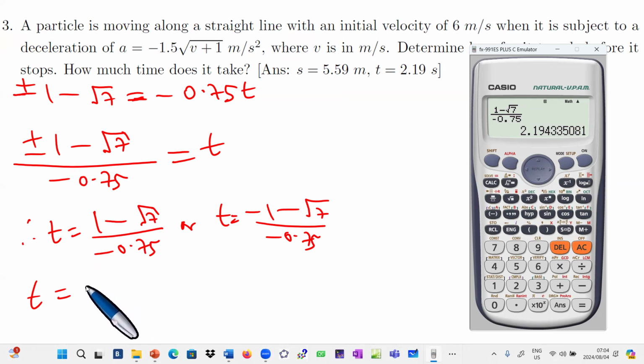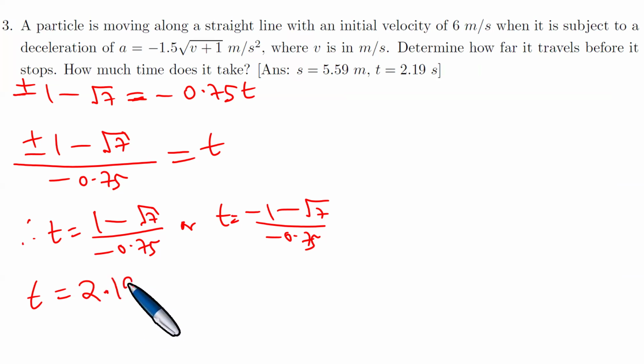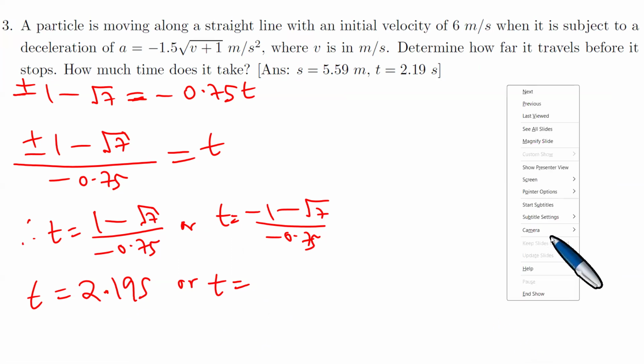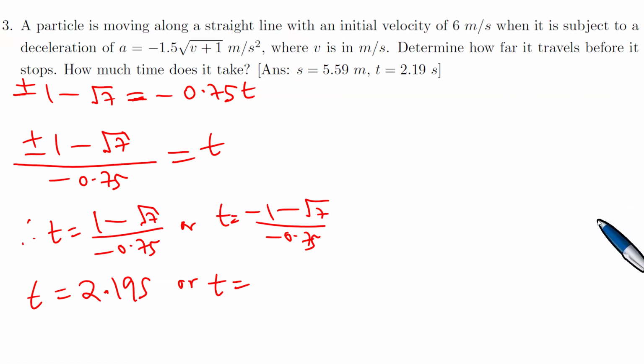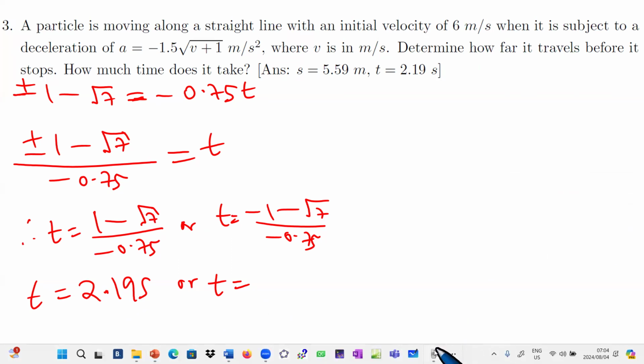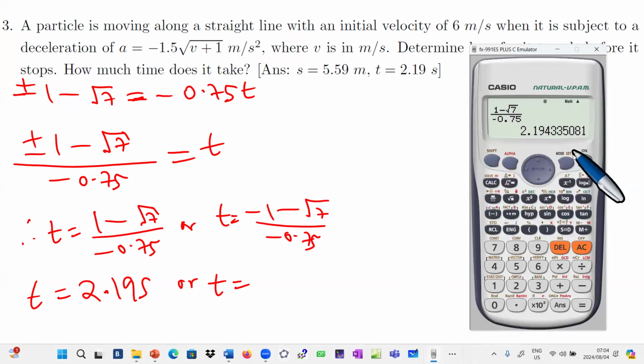So here we're going to write 2.19 seconds, or t equals, very interesting. See what you get here. Let's do this one. So you have 1 plus the square root of 7 over 0.75.